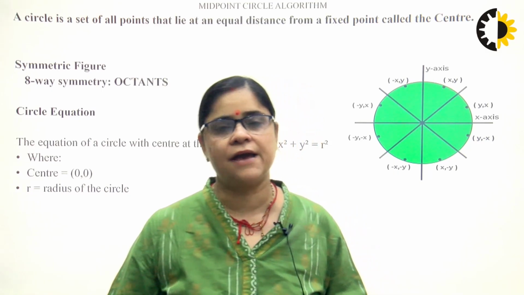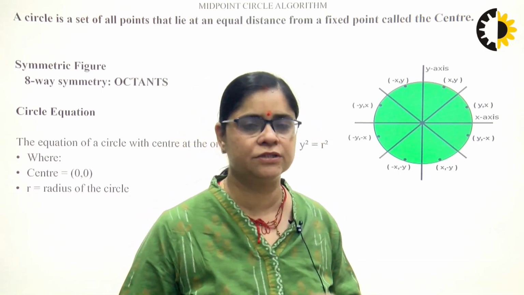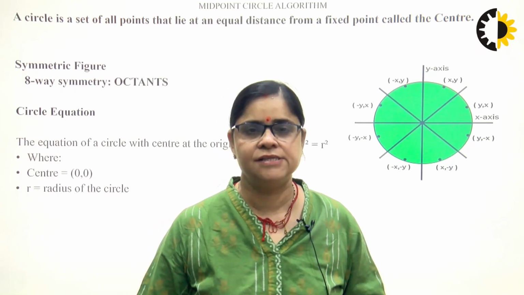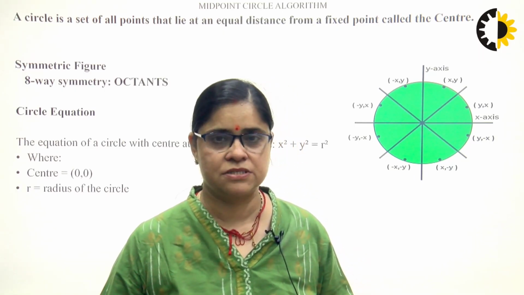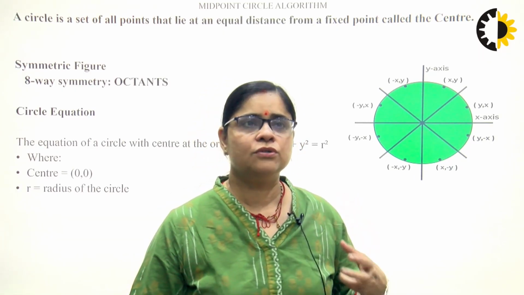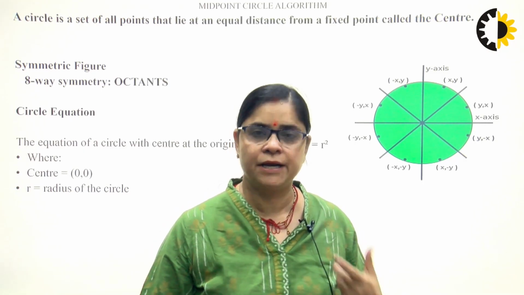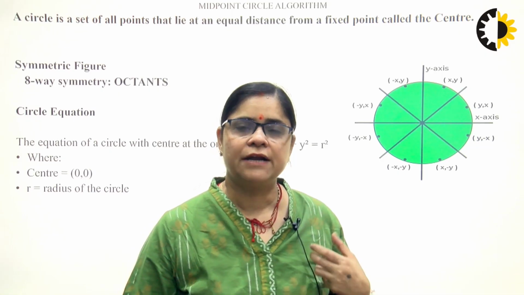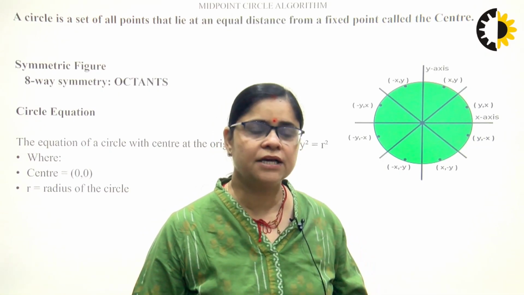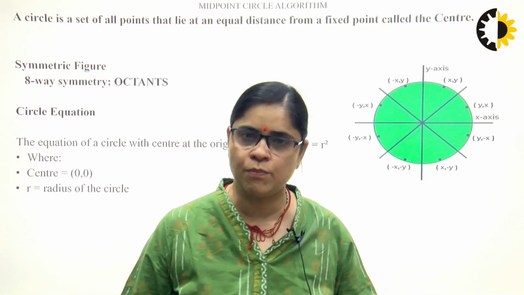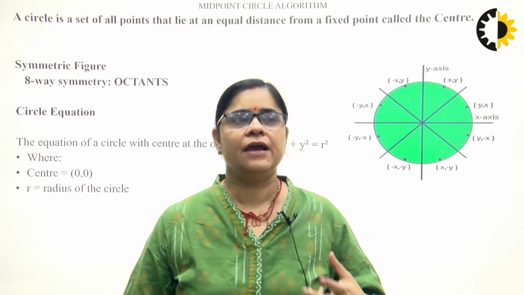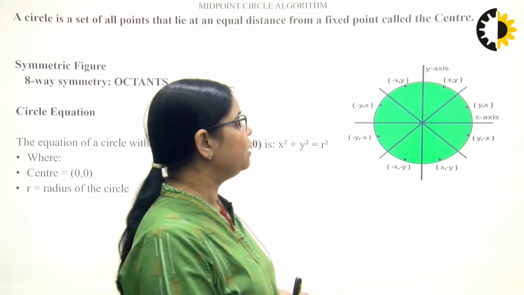For the exam purpose it is very important, and it is also important when we are studying the subject computer graphics. So we should know what we mean by a circle. A circle is a set of all points that lie at an equal distance.